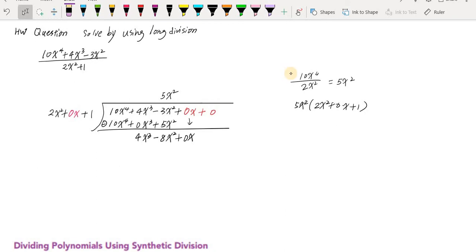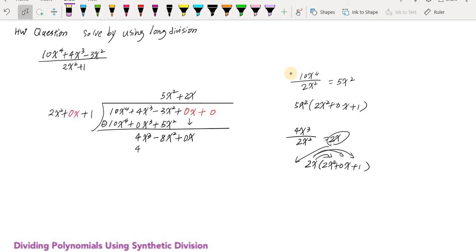So now we're going to repeat the process again. Now use 4x to the third power divided by 2x squared. Okay, this is going to give me 2x. I'm going to put this on the top. That will be plus 2x. So then we're going to bring this 2x multiply 2x squared plus 0x plus 1. Okay, then distribution, we'll do this right below it.